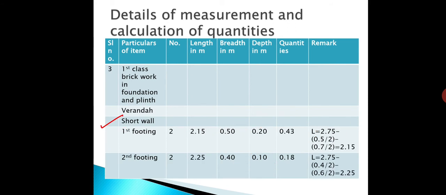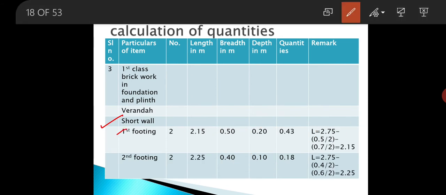So in the details of measurement form, write down first footing. As we are doing the short wall, the center to center length is 2.75. From this, we have subtracted half width of the first footing of the veranda wall, that is 0.5 by 2, and half width of the first footing of the main wall, that is 0.7 by 2.